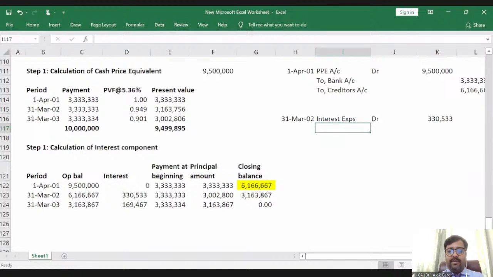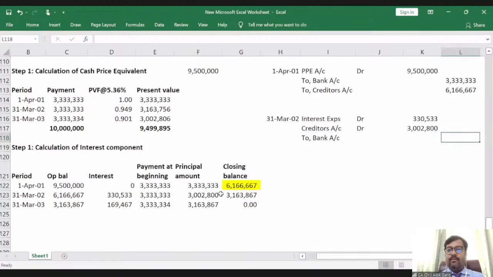Then creditors account debit by how much amount? By your principal amount. To bank account. And what is my bank account? Of course, either you can add these two or you can just take this from the second installment amount, right?